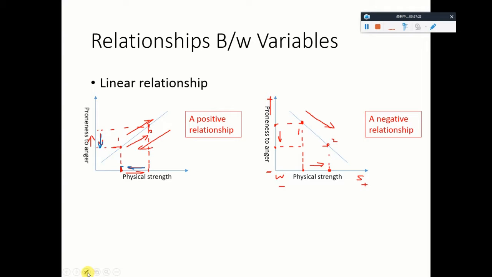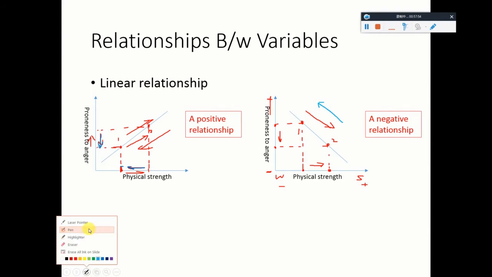You can do the same by thinking, what if we move in this direction from point 2 to point 1? Can we still reach the same conclusion that this line represents a negative correlation? I'll leave that to you. Okay, so that's positive correlation, that's negative relationship or correlation.